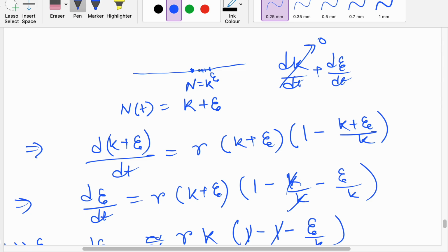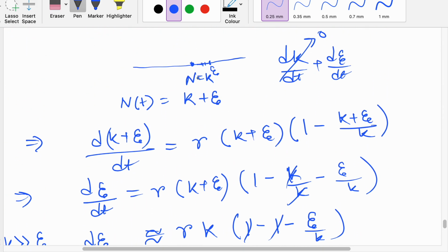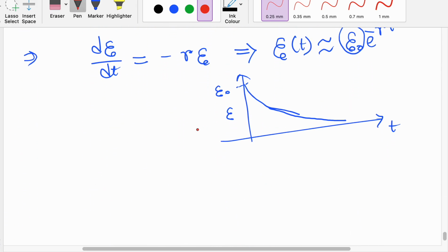Epsilon will decrease means the distance will decrease. When the distance decreases, that means the current state of the population is approaching towards N equal to K.